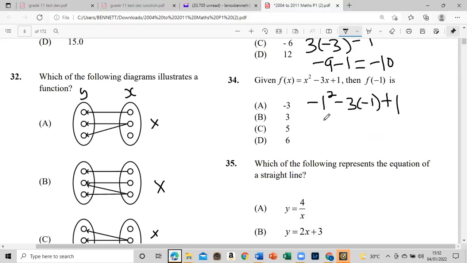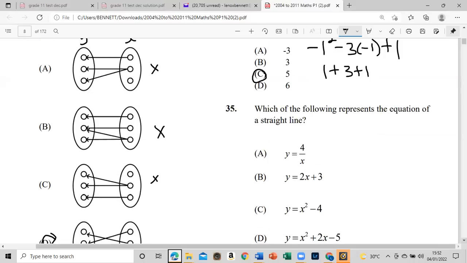So negative 1 squared will give us positive 1. Negative times a negative will give us positive 3. And then we have plus 1. Here this is a plus right here. So that gives us 5. Awesome question. If you don't know the signs, it's going to mess you up. Guys, you have to know it.